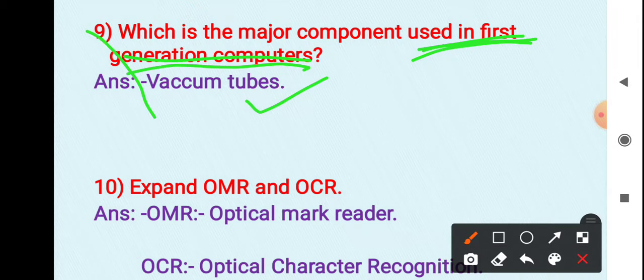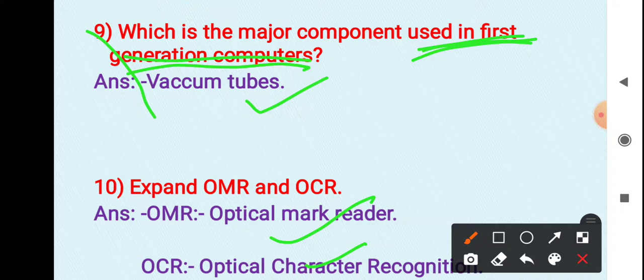Okay, so next question is expand OMR and OCR. OMR means optical mark reader. OCR means optical character recognition. OMR is used in the evaluation of multiple choice questions, right?